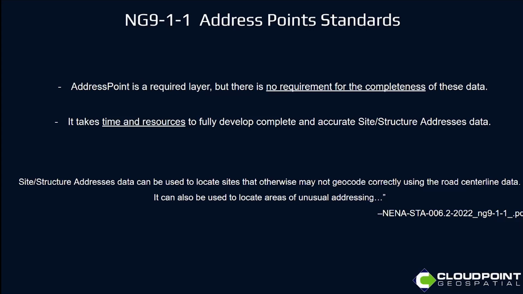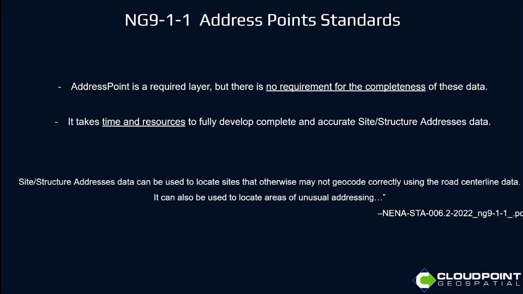Oftentimes what the site address point data does is it helps provide a secondary layer to help locate sites that may not correctly geocode based on the road centerline data, or that use unusual addressing. So if there's a different or a more precise way of locating a spot, using site structure address points can be useful in that regard.